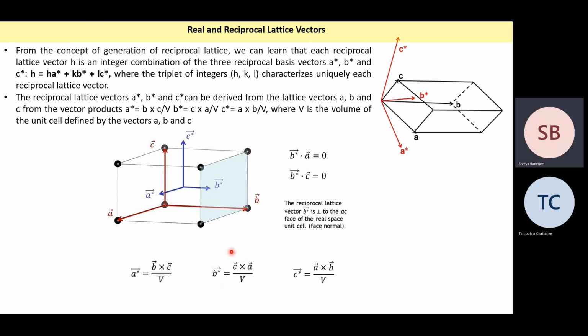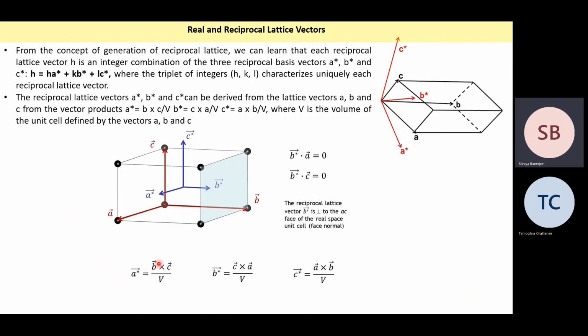So you have two lattices. One is the actual crystal lattice having the sides A, B, and C, and another is the reciprocal lattice having the sides A star, B star, and C star. You need to know the relation between A, B, C and A star, B star, C star. It is related by a cross product.